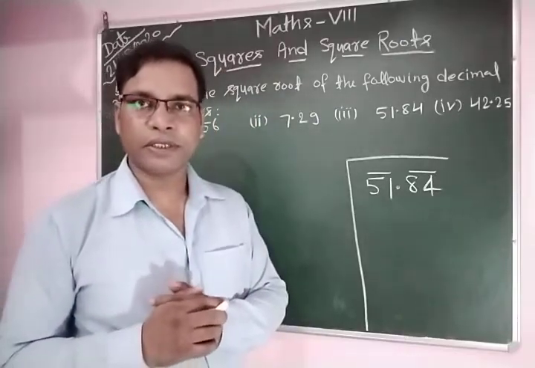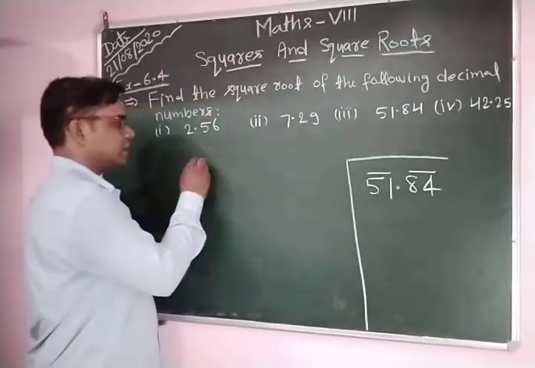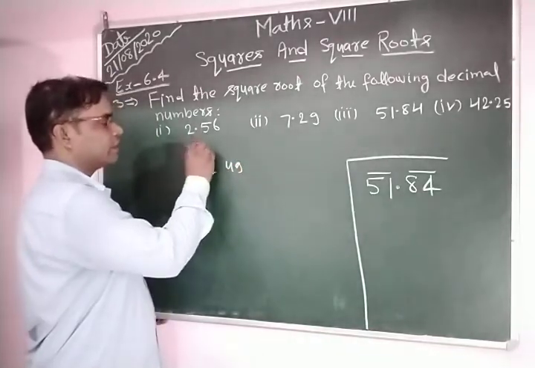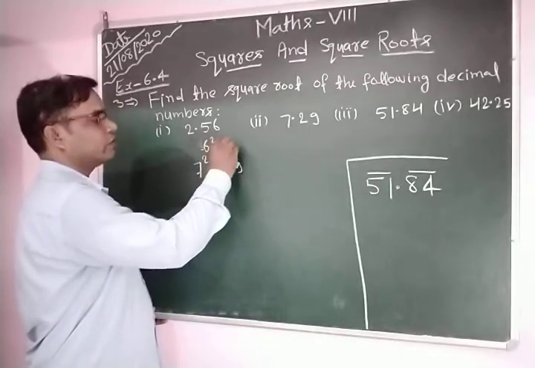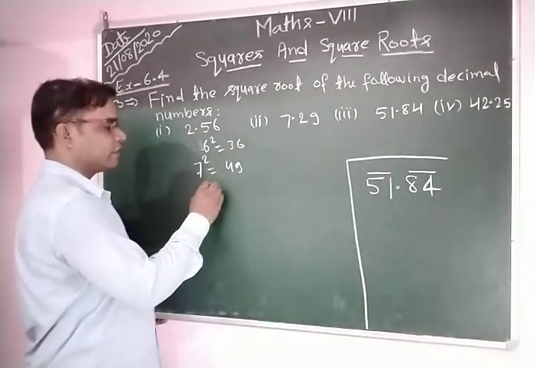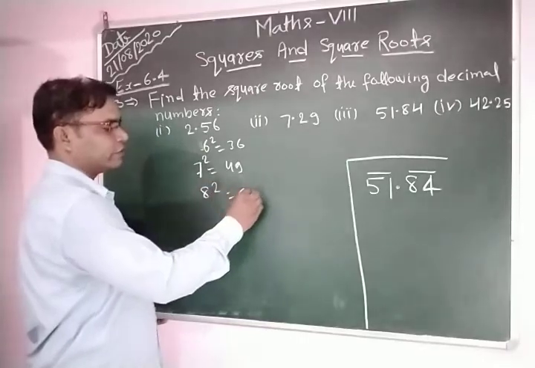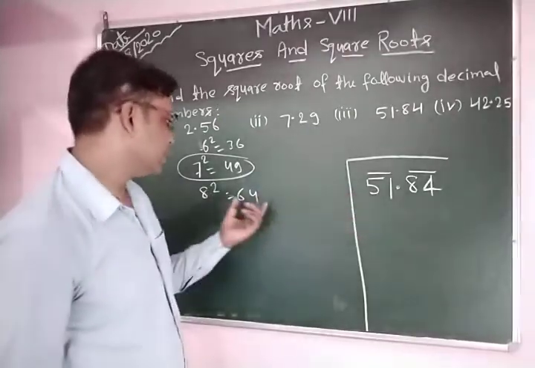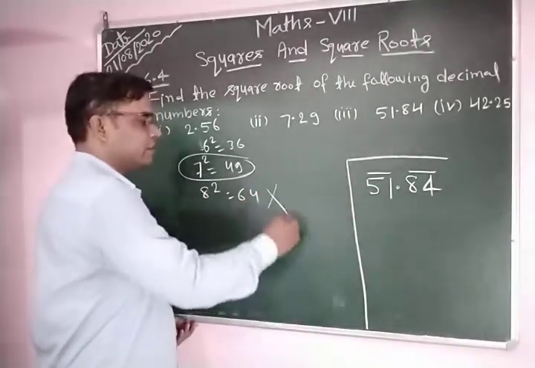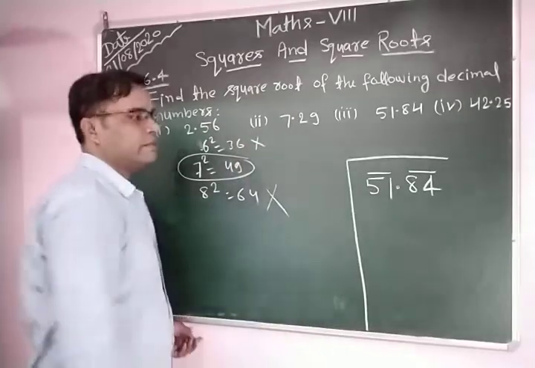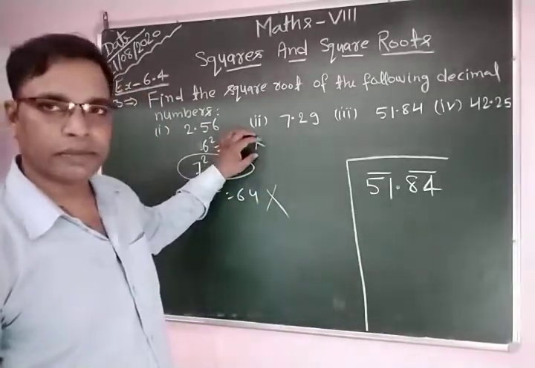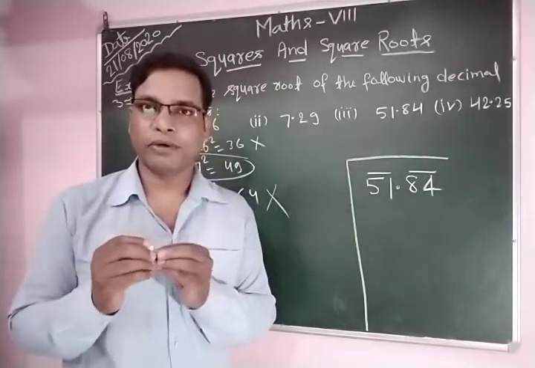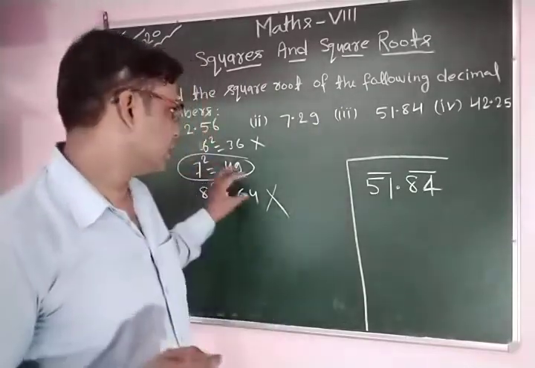If you take 7, the square of 7 is 49. The square of 6 is 36, and the square of 8 is 64. So 64 is greater than 51, so we do not select it, and 36 is much smaller than 51, so we also do not select it. The square of 7 is 49, which is close to 51, so we select this number.